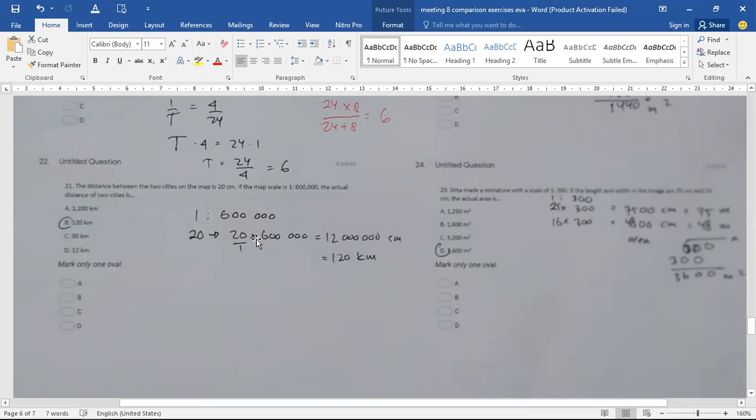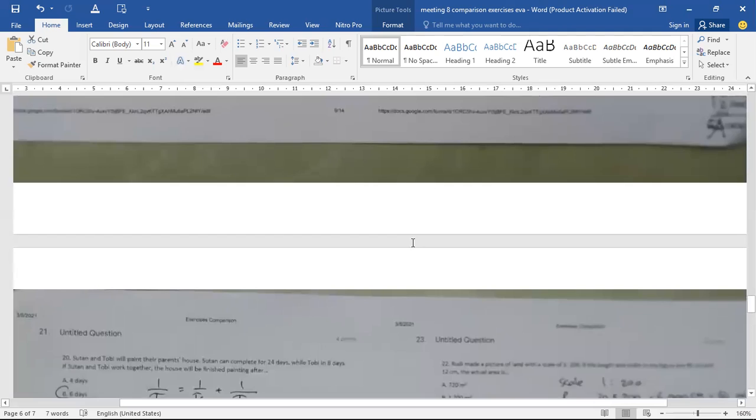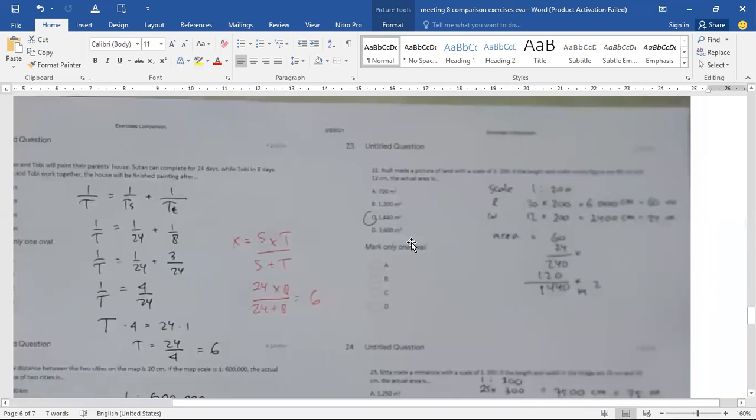It is 20 per 1 times 600,000, or 12 million centimeters, or 120 kilometers. Because if you want to convert from centimeter to kilometer, you divide by 100,000, or you can eliminate 5 zeros here.